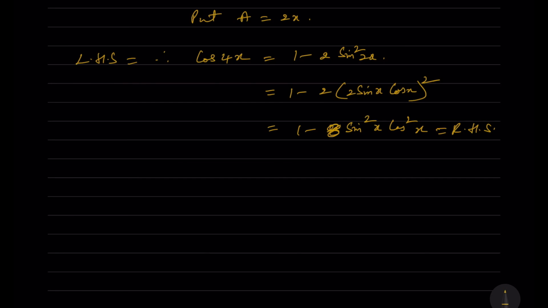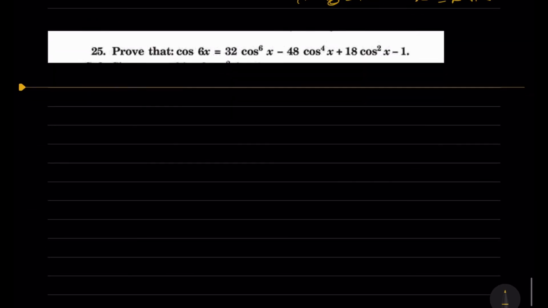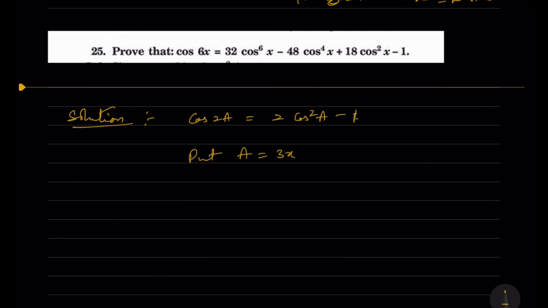So now going into the next one: prove that cos 6x is equal to 32 cos to the power of 6x minus 48 cos to the power of 4x plus 18 cos square x minus 1. So for this solution, since you know that cos 2a is equal to 2 cos square a minus 1, you put first here a is equal to 3x.